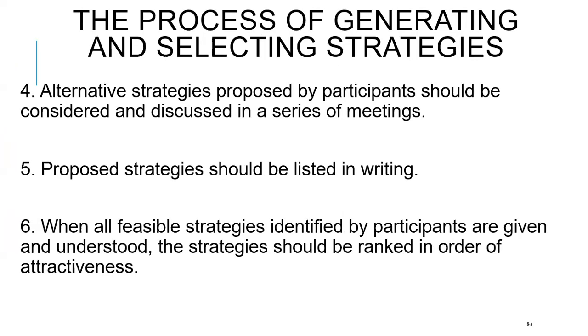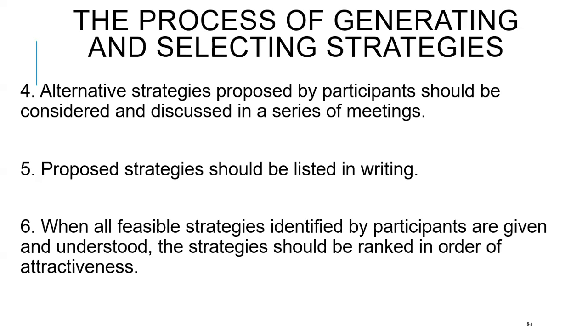The fourth stage in the process leading to the generation and selection of strategies involves alternative strategies being proposed by participants and being considered and discussed in a series of meetings.